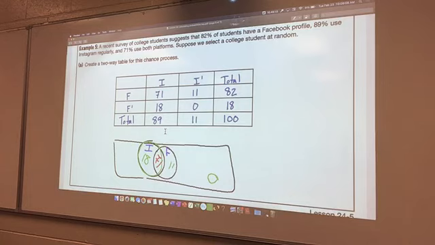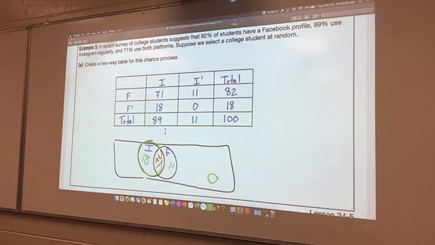Okay, so now we're getting to conditional. It says the probability of Facebook given Instagram. Given that Instagram. So how do I set up my formula? That's a good question. Look at the Venn diagram and tell me what's on Instagram.